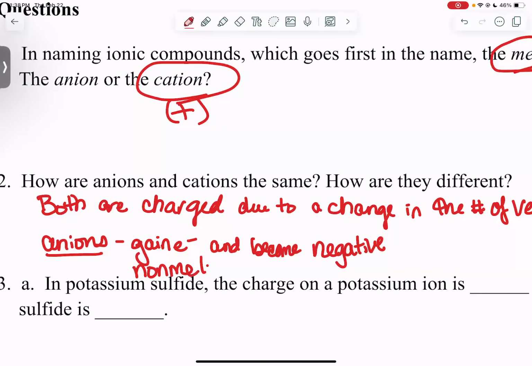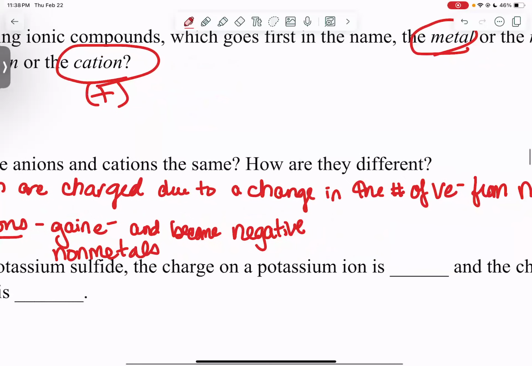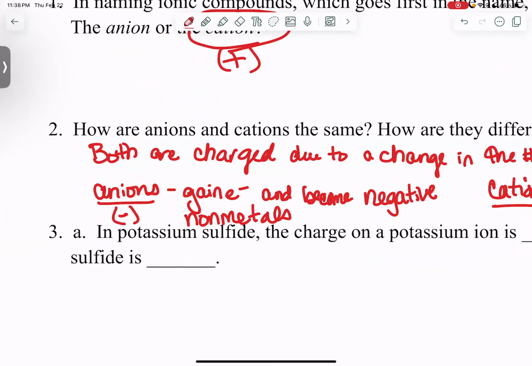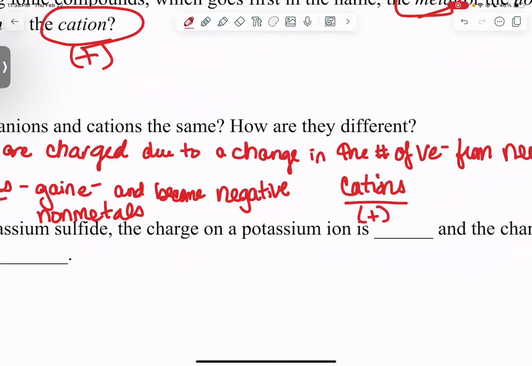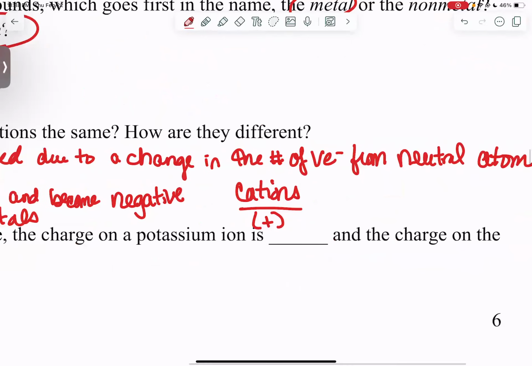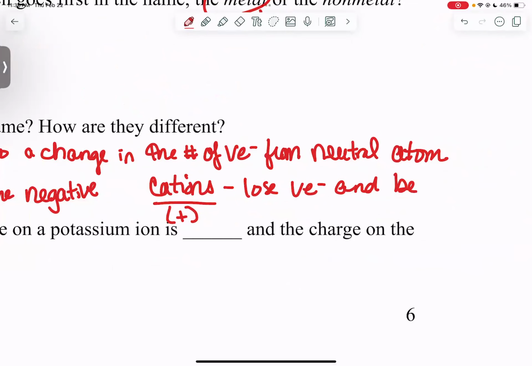Nonmetals, right? Okay, then cations. Remember, anions are negative, cations are positive. These are going to lose valence electrons and become positive.